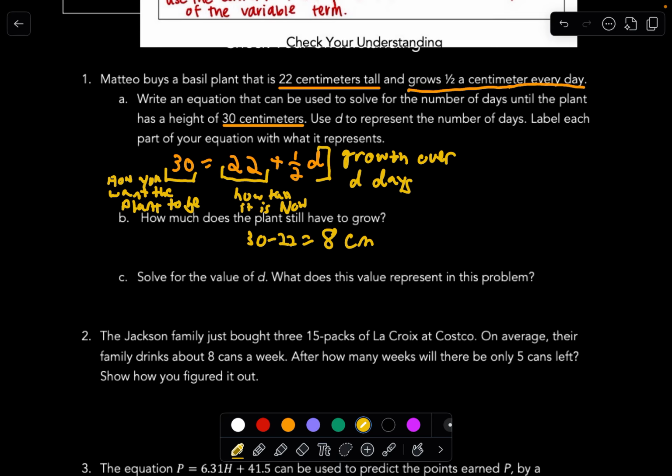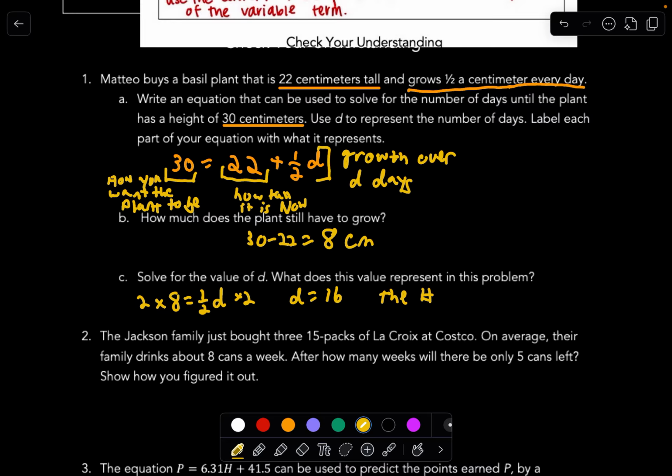Since we know he has to grow 8 centimeters still, it would be 8 centimeters equals 1/2 D. Since we're multiplying D by a half, we will multiply both sides by 2, the inverse, to get rid of the half. So D would be 16 days.